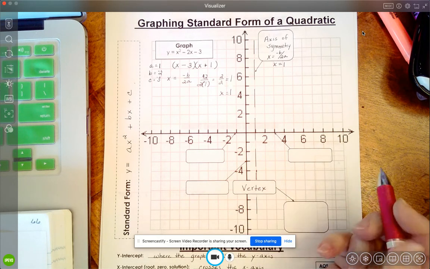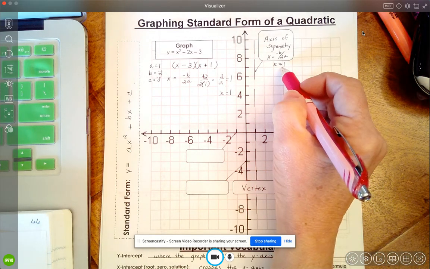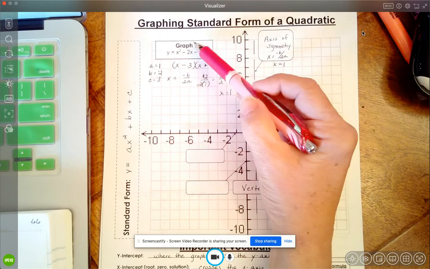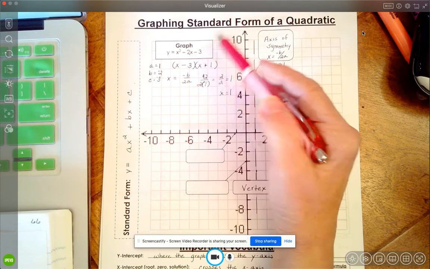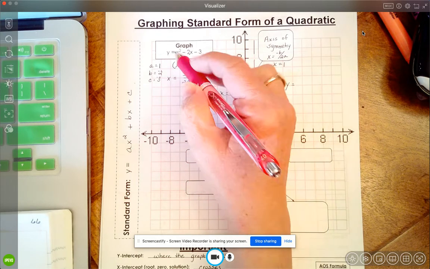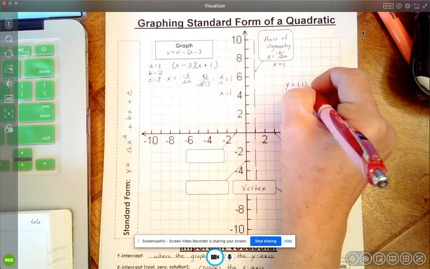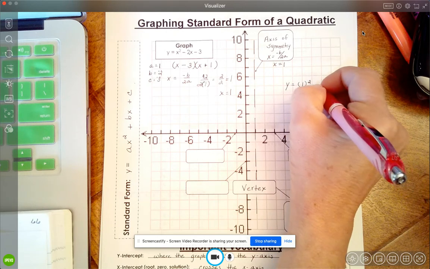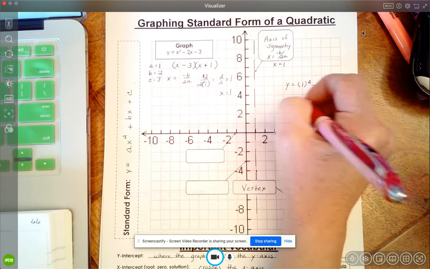I find my vertex by, when I have this x is equal to 1, putting it back into my original equation to find out what my y value is. So y is equal to, and for the x, I'm going to substitute 1: 1 squared minus 2 times 1 minus 3.